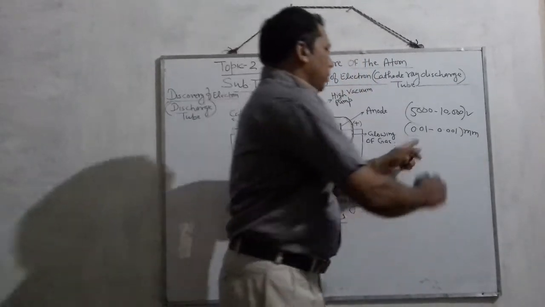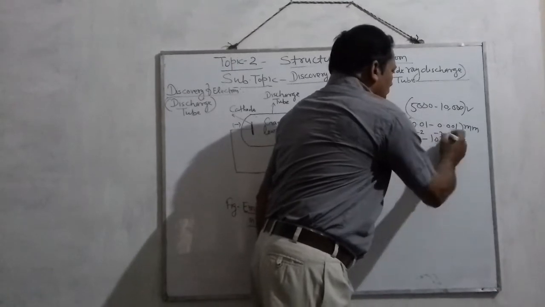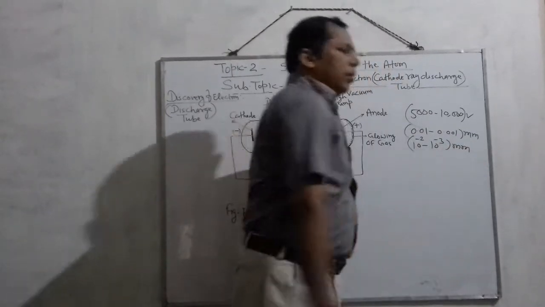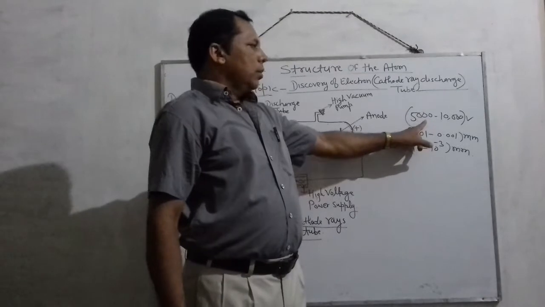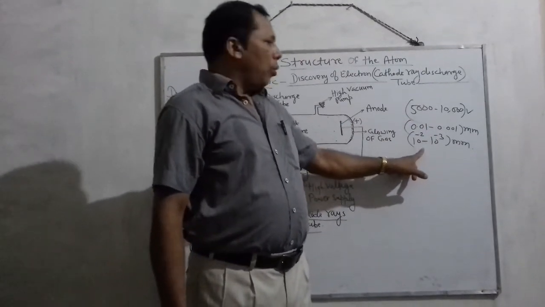This may also be written as 10 to the power minus 2 to 10 to the power minus 3 mm pressure.